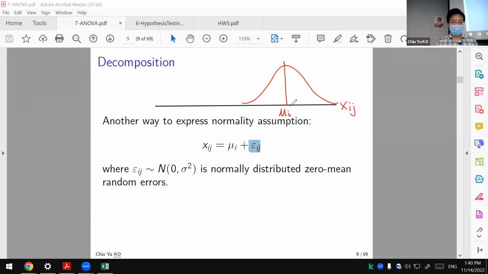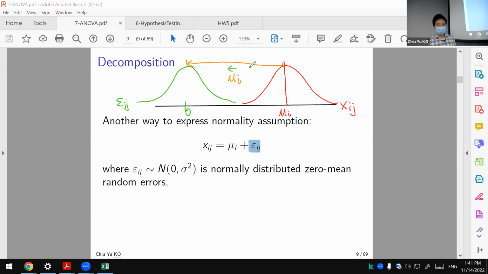What we write is the following. So this is 0, and we move this bell here, and this becomes epsilon ij. We just move it to the left, and how much you move is just mu i.